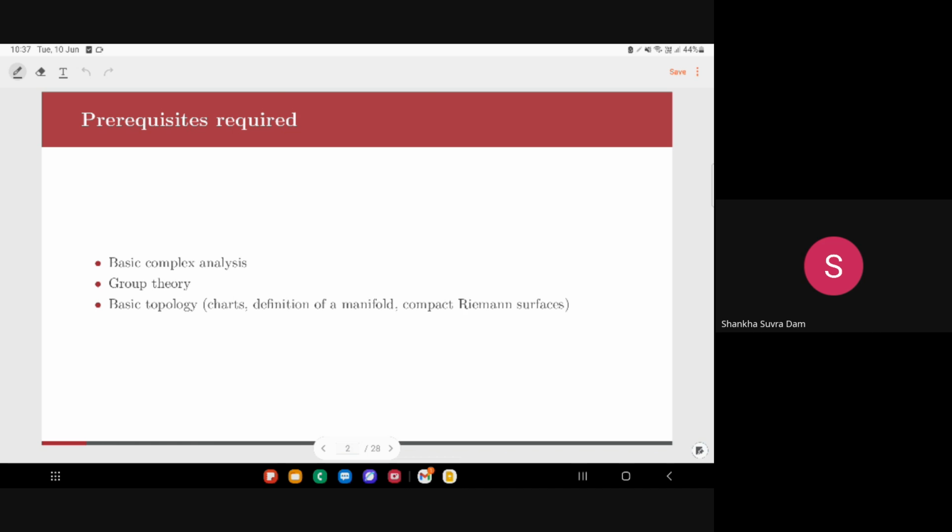Some group theory and basic topology, like the definition of manifold, like it is locally Rn. So for every open neighborhood of something, we have to define a map that goes to an open neighborhood of Rn, a homeomorphism, yes. And those homeomorphisms are called charts. And compact Riemann surfaces, yeah. Basically, the definitions would be fine.